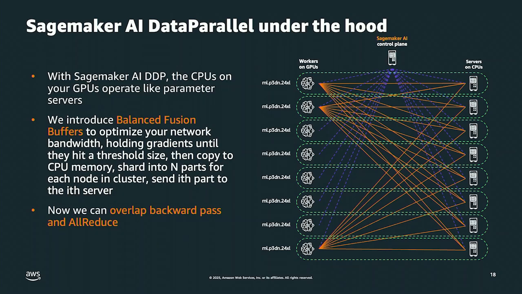This is just an example of how we configure the network so that each node talks to each other. What is fascinating is that SageMaker works at the per-GPU level. If you have a node that has, let's say, 4 GPUs, it's isolated at the GPU level, not at the node level.